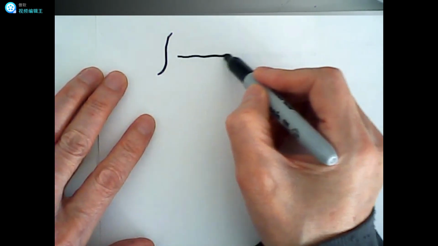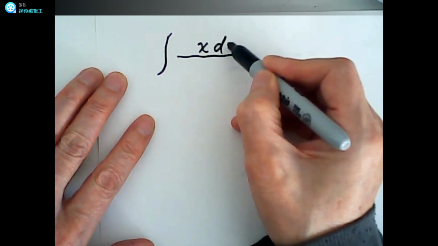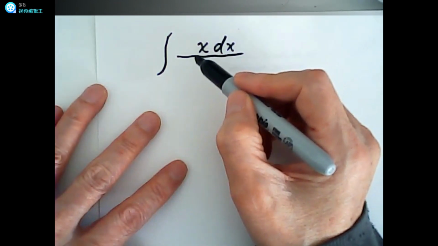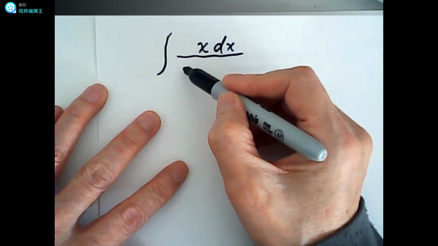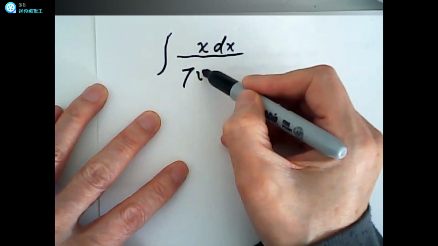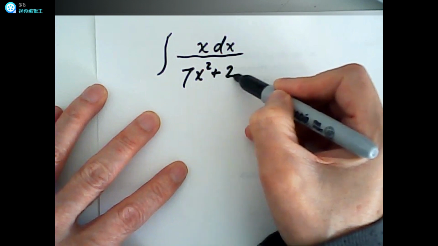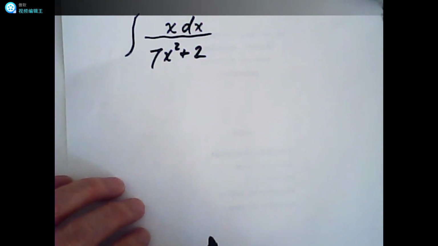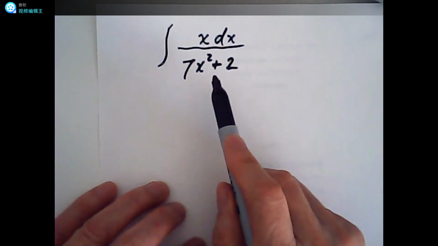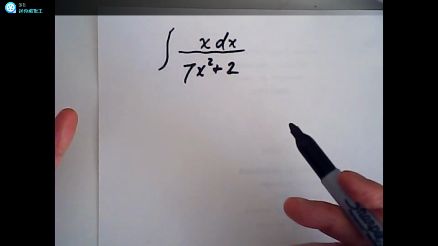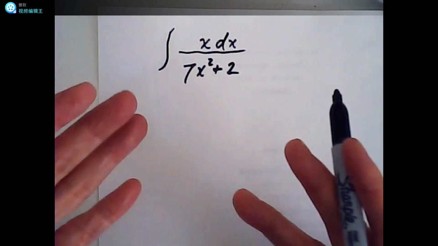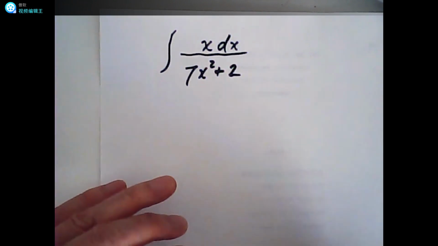Integral of x dx over 7x squared plus 2. Okay, this integral, all right. Now, you must have an idea of what basic formula you are going to use.